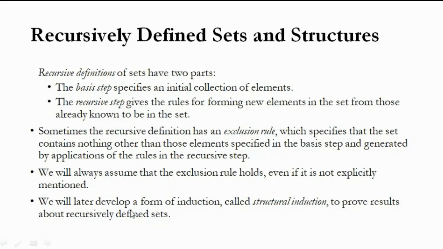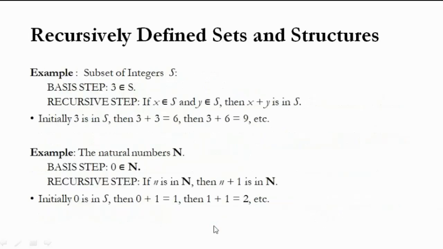We will later develop a form of induction called structural induction to prove results about recursively defined sets. First is the initial step, then you go for recursion. This is called structural induction. So structurally we are going to define the subsequent steps to prove results about recursively defined sets.